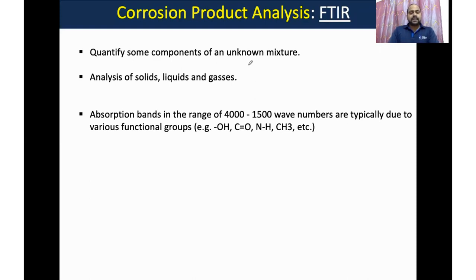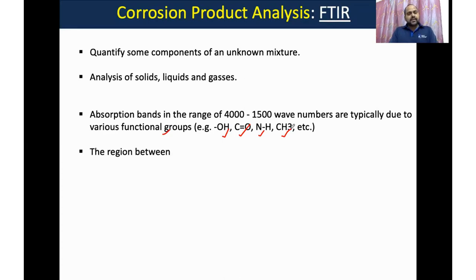In this range, 4000 to 1500, we get peaks corresponding to various functional groups, such as OH attached to your material, C double bond O, NH bond, or CH3. These functional groups generally come between 4000 and 1500.